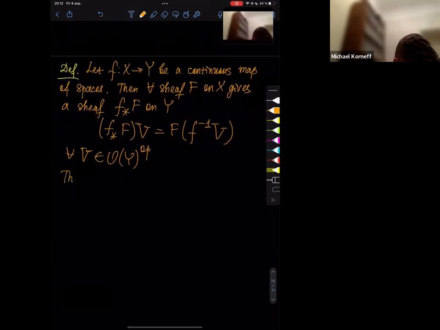The sheaf f star F is called the direct image.